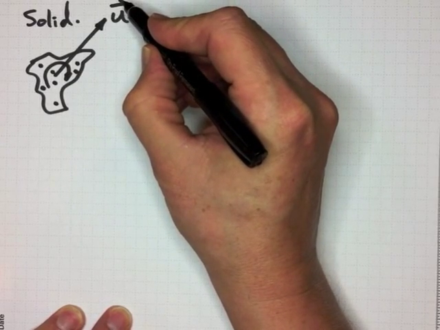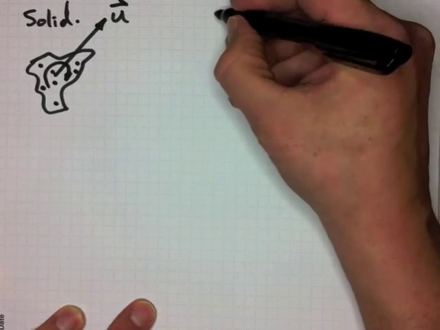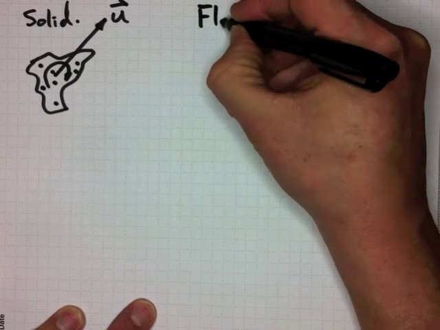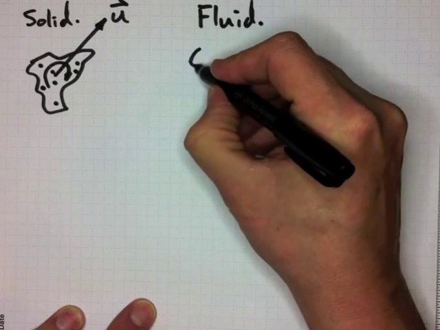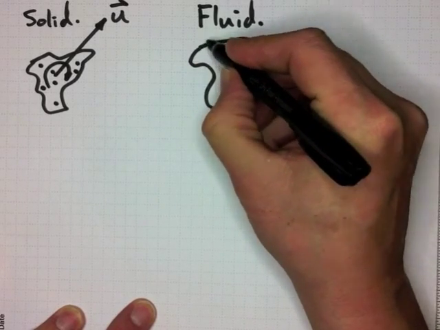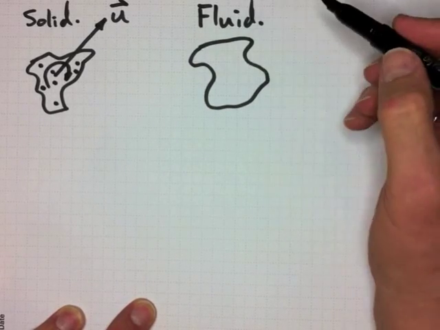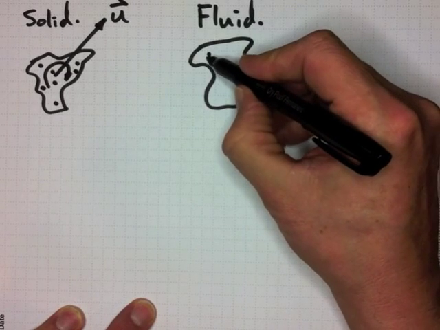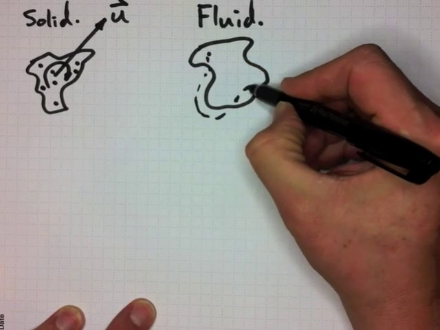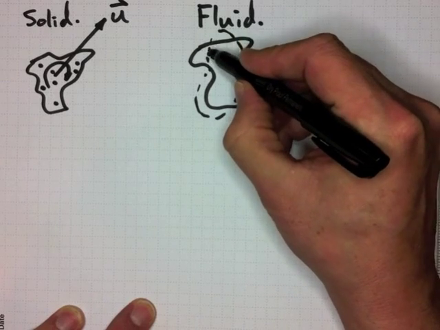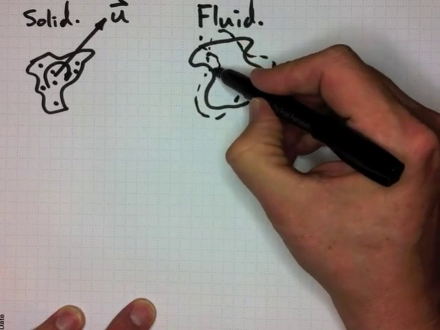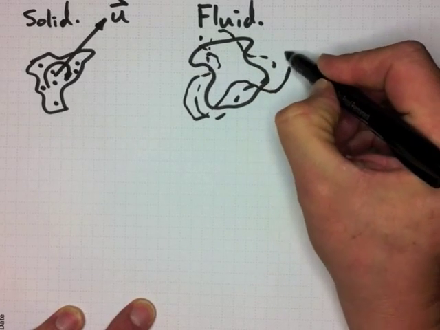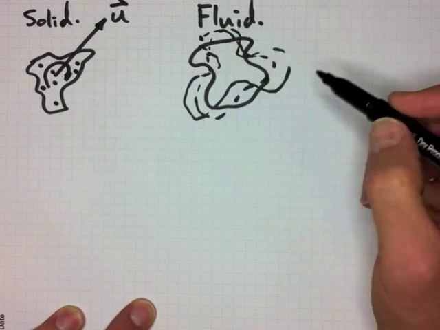translates along its path. A fluid, on the other hand, can start off in a particular shape, configuration, and with applied forces it will deform. And unlike a solid, as long as those forces are applied, it will continue to deform into different shapes.